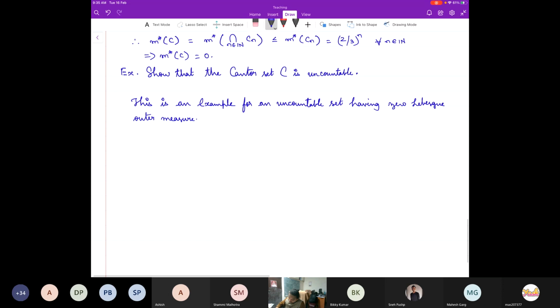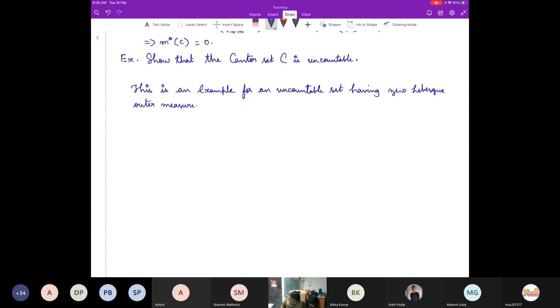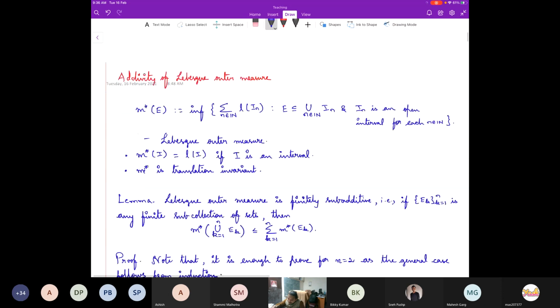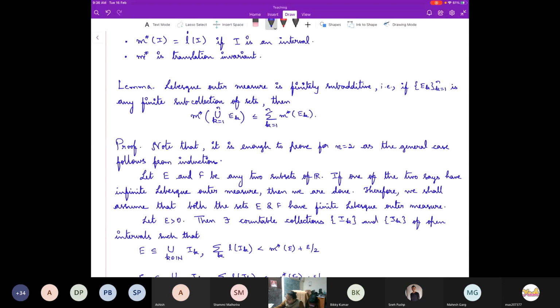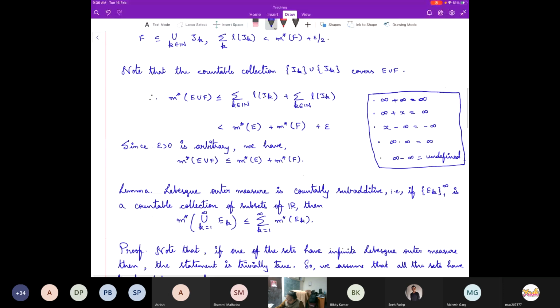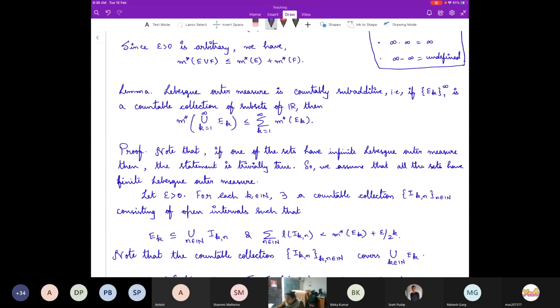Fine. Now let's proceed. Next example. We started with what is known as additivity. That's what the title says. We wanted to study it, but at most what we were able to prove is that the outer measure is finitely subadditive and also countably subadditive. So what happens if I choose the Ek's to be pairwise disjoint?